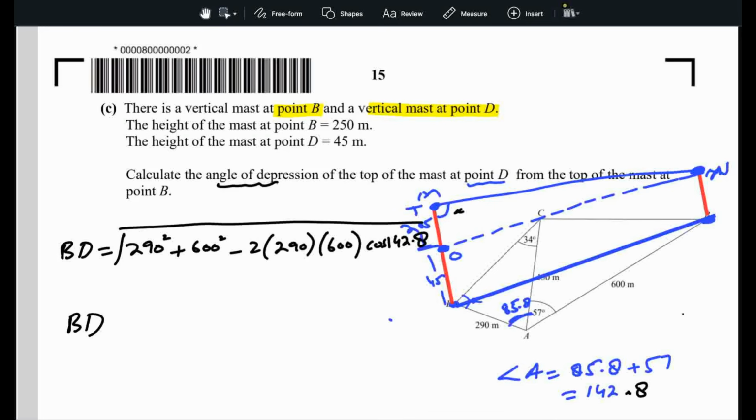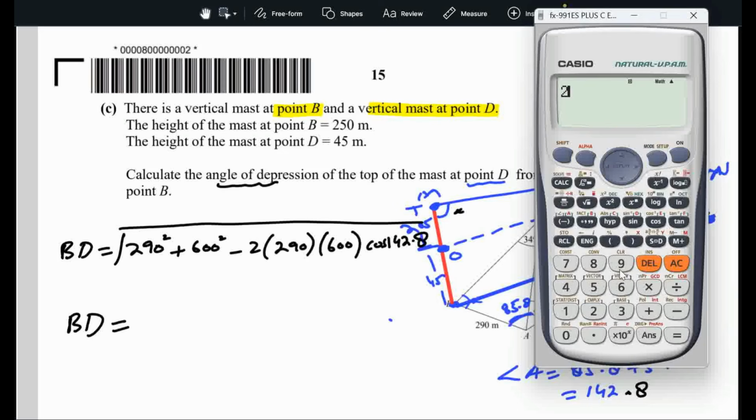So BD will be equal to what? Just use the calculator: 290 squared plus 600 squared minus 2 into 290 into 600 into cos of 142.8 bracket close, and then take the square root of the answer. So this will be equal to 434.